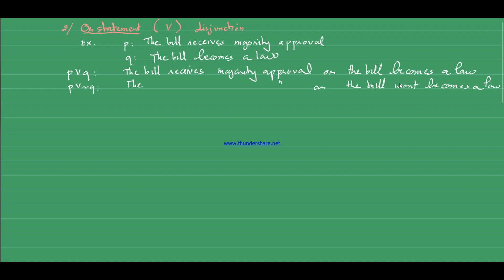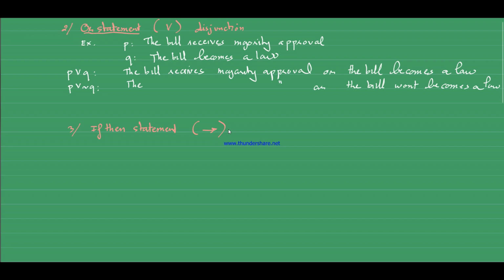Now, the next connective I want to introduce is the if and then. So we will have an if and then statement, and the symbol for that is this letter with the arrow. So if you have two statements P and Q, the first statement you start with if, then the second statement you start with then.